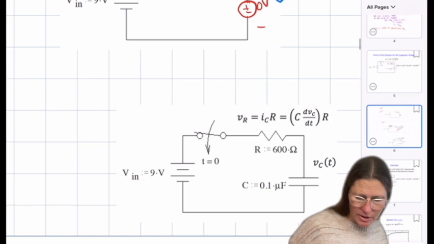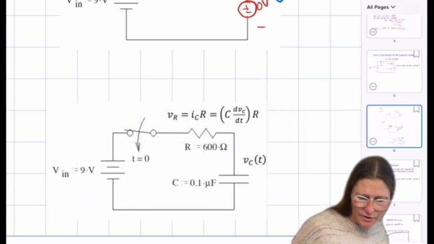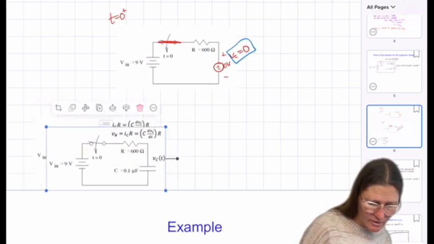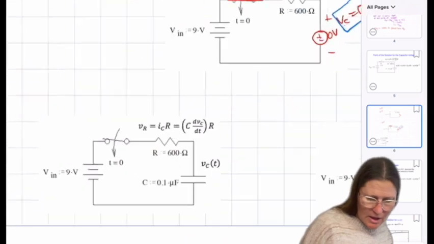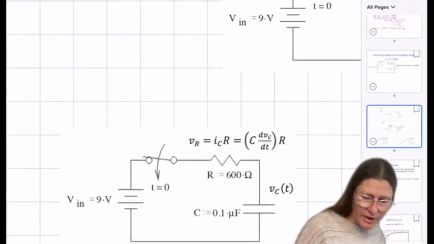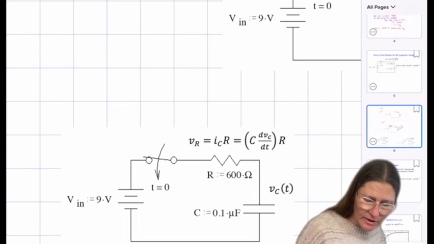Now the final one, I have two steps. Move this over here. One is to get the value of VC. So in the final stage, what is the switch doing?